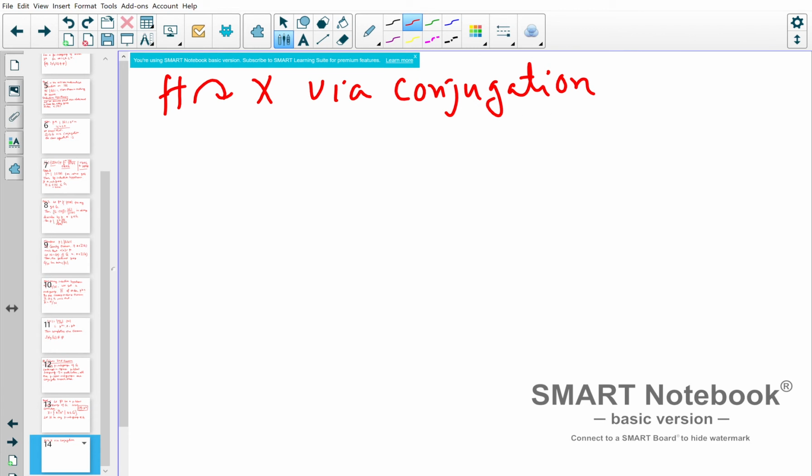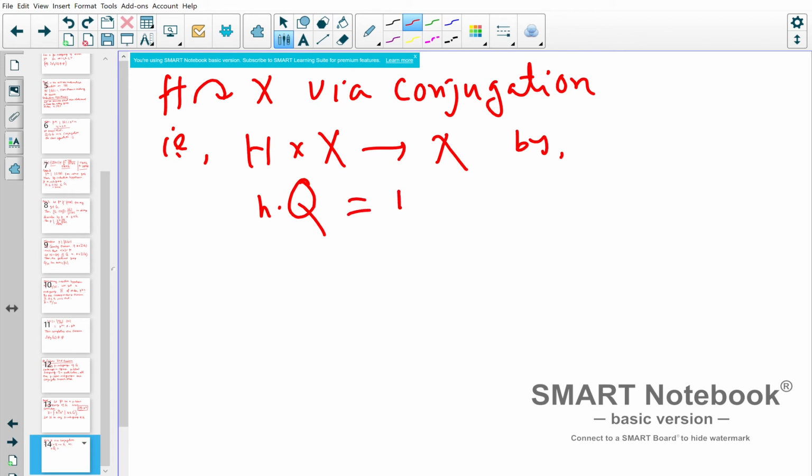We have a map from H cross X to X, where an element of X is some conjugate Q, and h dot Q is h Q h inverse.